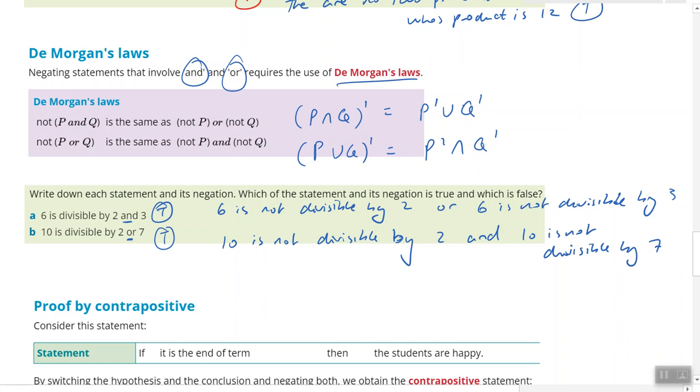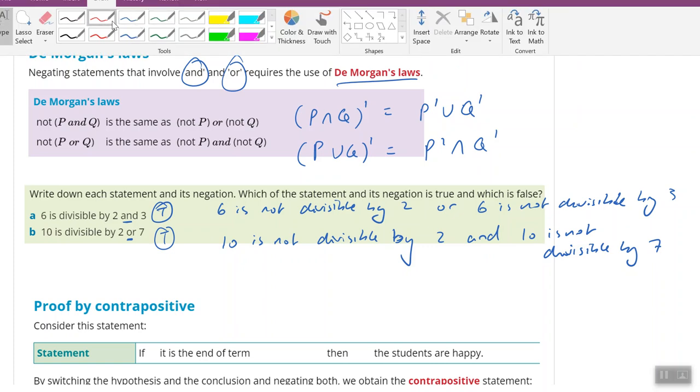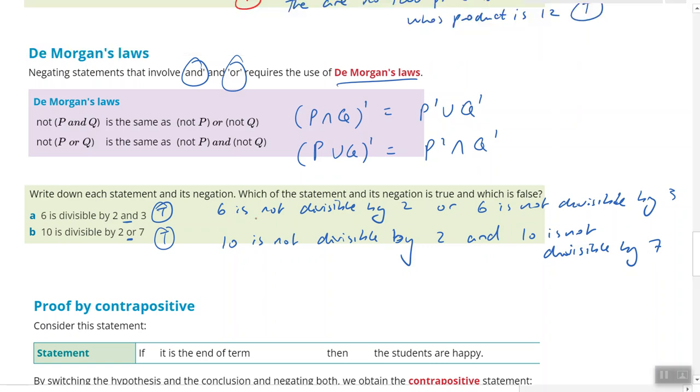Okay, now if we look at the negated statements, is it true or not? So 6 is not divisible by 2, 6 is not divisible by 3. So neither statement is true, and even though it's inclusive, you need one statement to be true for the whole thing to be true. But that's false because both are not true.